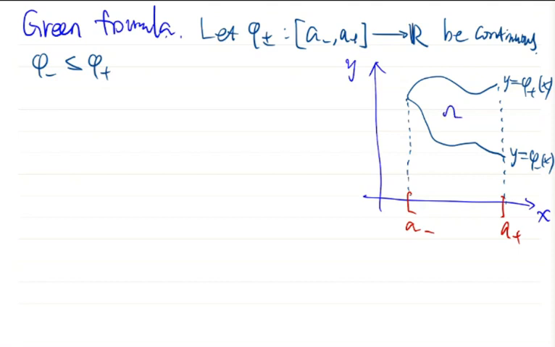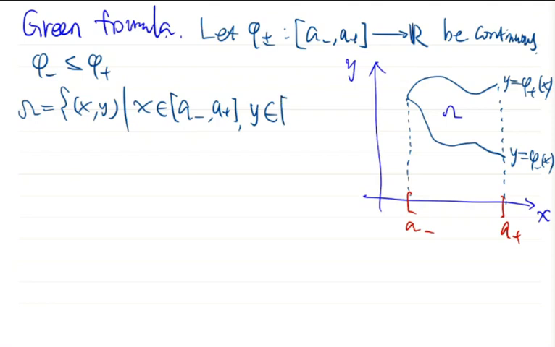This region is what we call the simple region, simple domain. So our omega consists of all such (x, y), where x belongs to the interval a minus, a plus, and y is between phi minus of x and phi plus of x. So this omega consists of all such points.